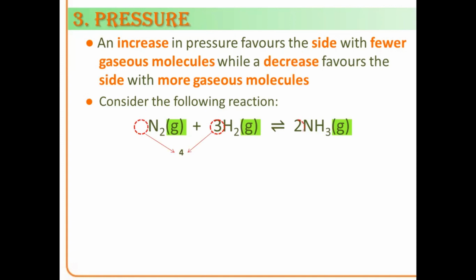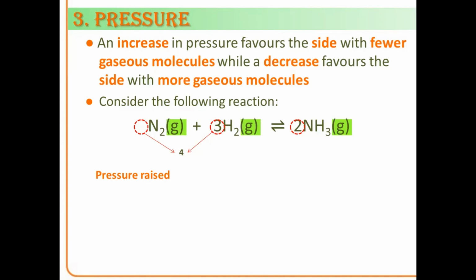On the right-hand side, the coefficient is 2. There's only one substance, so we only have 2 molecules, or moles if you want. So in this case, we have 4 molecules of gas on the left-hand side, and 2 molecules of gas on the right-hand side. So when the pressure is raised, the reaction is going to try to counter that increase in pressure.